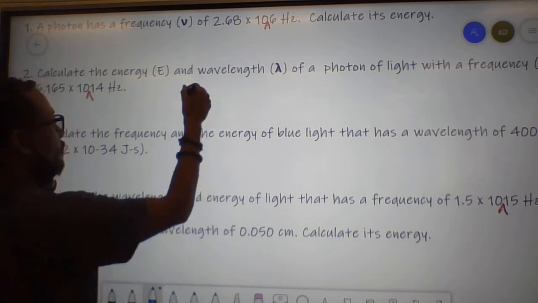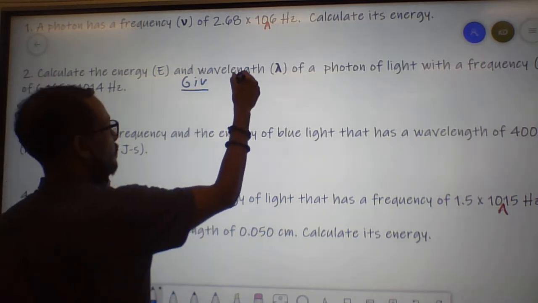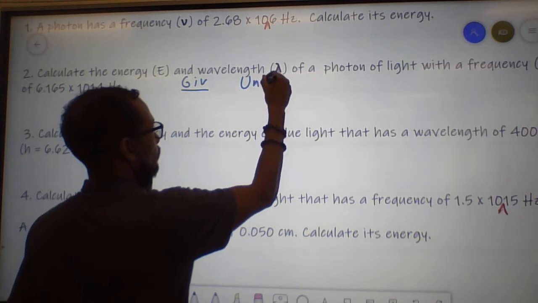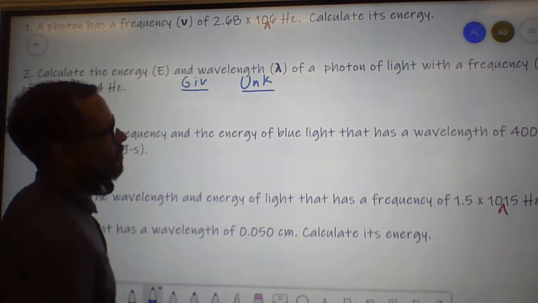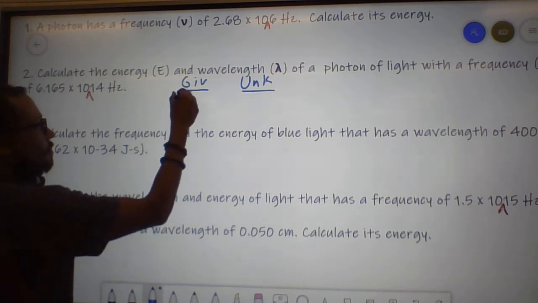So I know we have some given information, and we have some unknown information. The given information is the frequency.